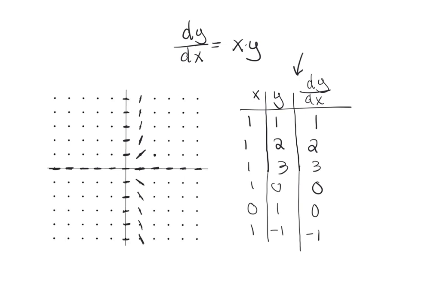This point right here, 2 times 1 is 2, so it's going to have slope 2. This is 2 times 2 is 4, so slope 4. A lot steeper. And then down here, 2 times negative 1 is negative 2. 2 times negative 2, negative 4.